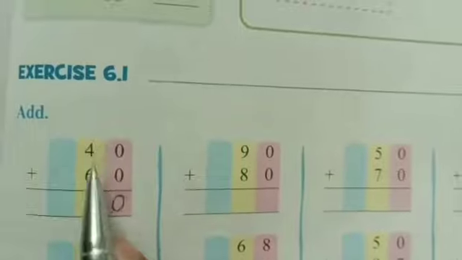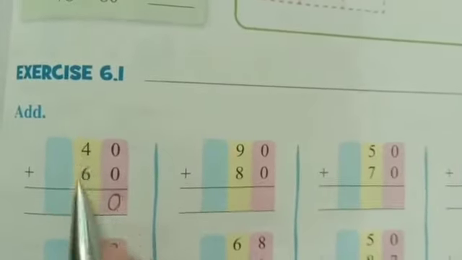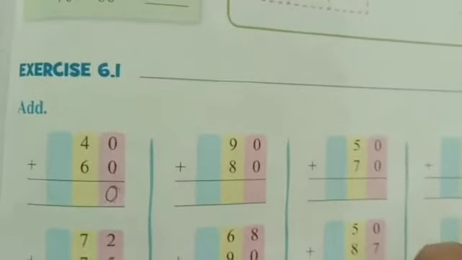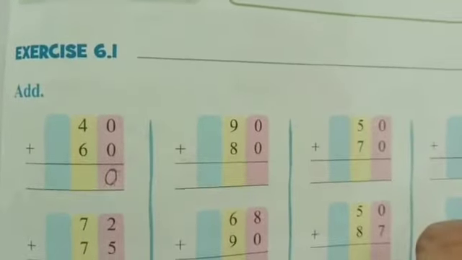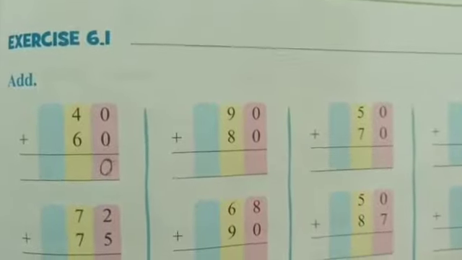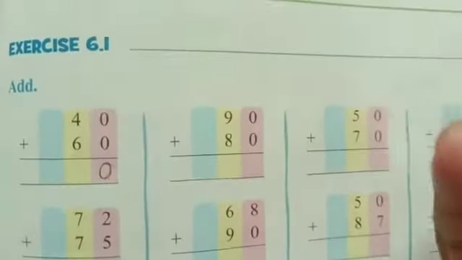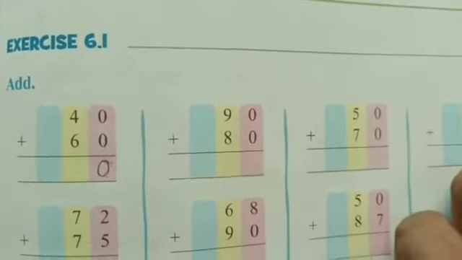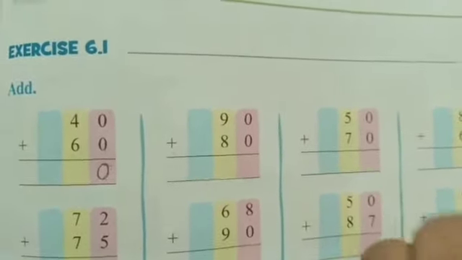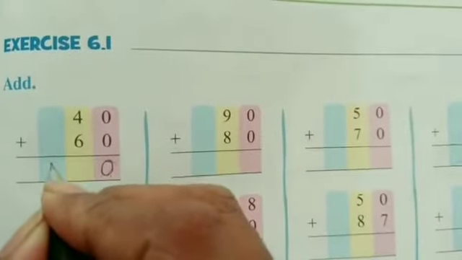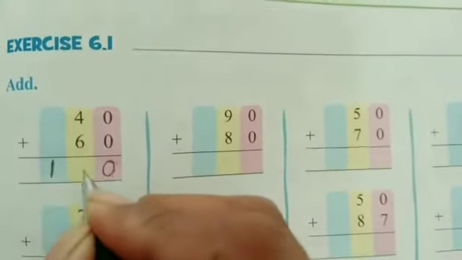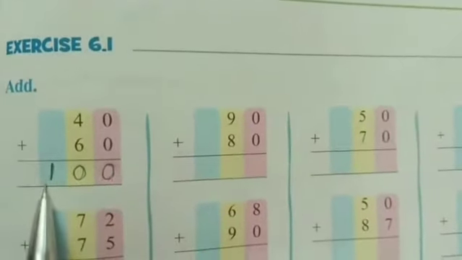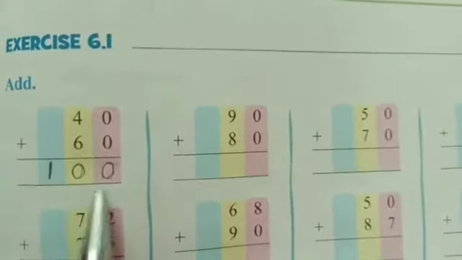Now 4 plus 6, we have to add tens over here. So what will be 4 plus 6? Let's count. After 4 what comes, dear children? Very good. 5, 6, 7, 8, 9 and 10. So 4 plus 6 is 10. So we'll write 1 in hundreds place and 0 in tens place. So the answer will be 100.